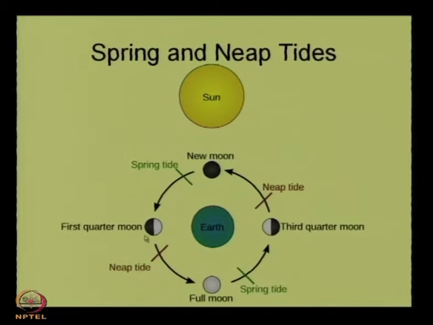Whereas, at neap tide, the high tide will not be so high, the low tide will not be so low. So, if you want to see spectacular tides, you will get them during the new moon or the full moon. Whereas, in the first quarter or in the third quarter of the moon, when the sun and the moon are perpendicular, the tides will be there, but they will not be so severe.